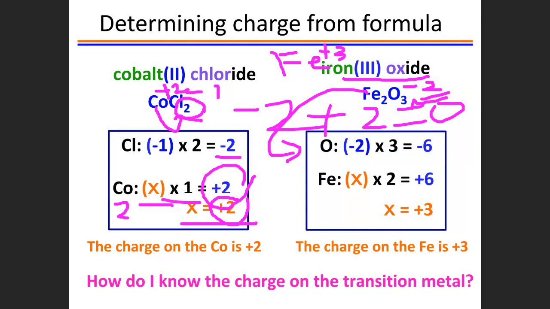Now for oxygen we have minus 2, and the 3 comes from the iron, so minus 6. In case of iron, we have to multiply, and we know that here we have 2 iron atoms, so that's why here 2. If we multiply with 3, we will get plus 6. So minus 6 and plus 6 equals 0. So this is how we find the charge or write the formula.